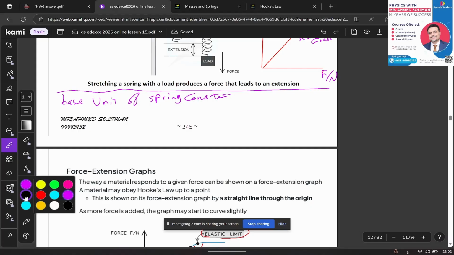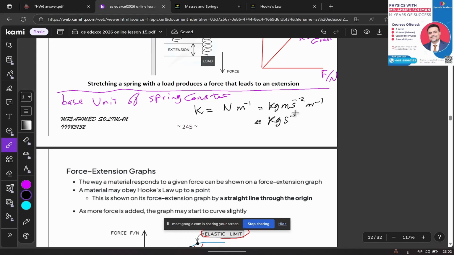We can write Newton meter to the power of -1 as kg meter per second to the power of -2 times m to the power of -1. And then the m will cancel out, so it's just kg s to the power of -2. Perfect. Correct. Do you understand, Mirula? Yes.